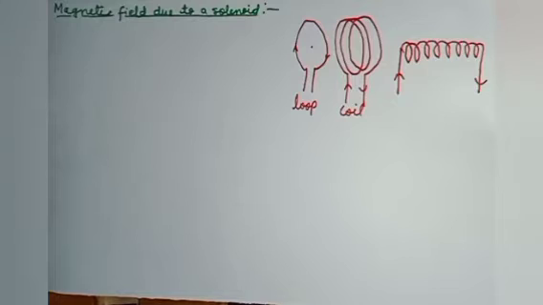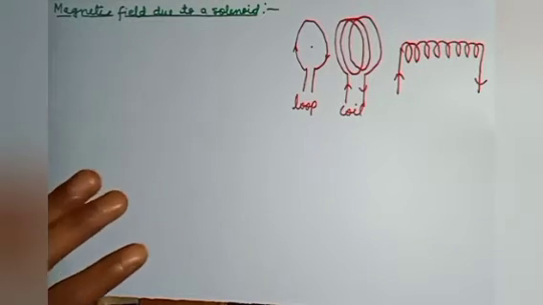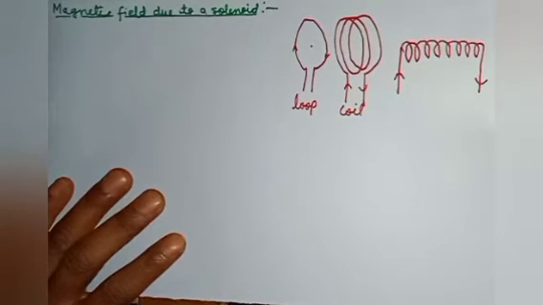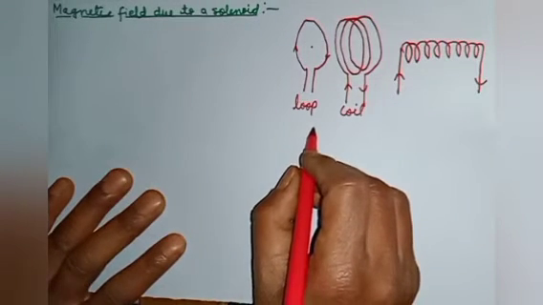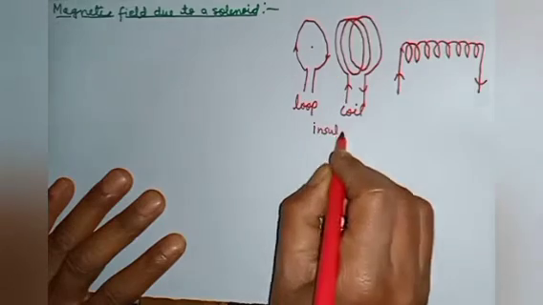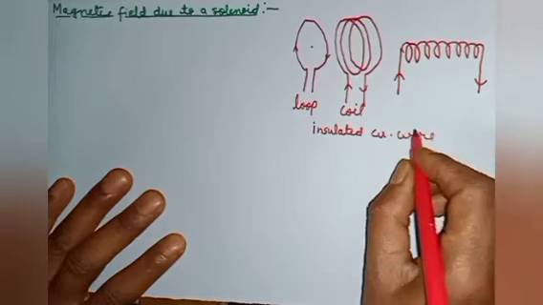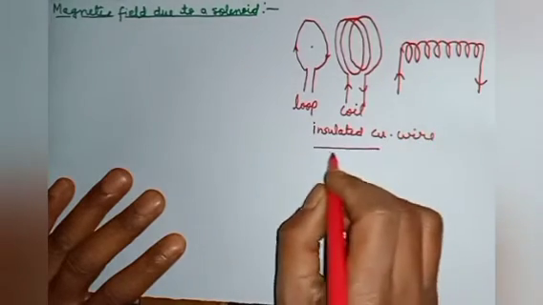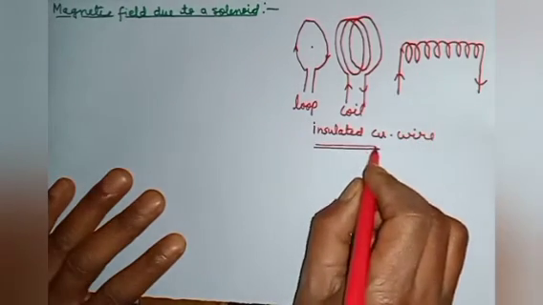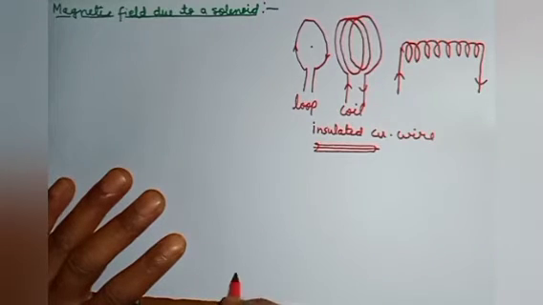Most of the time they say that this loop or coil or solenoid is made of copper wire, and they use the term insulated copper wire, not insulator copper wire. This is a copper wire and it is coated with a plastic covering. Or sometimes you might see copper wire having a brownish coating.